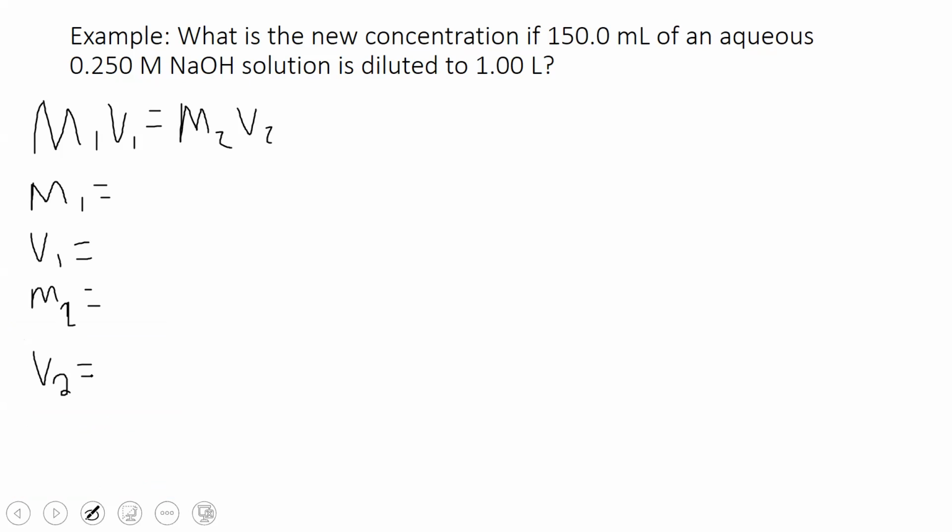So this asks, what is the new concentration if 150 milliliters of aqueous sodium hydroxide? Here we can say that M1 is 0.250 molar. The initial volume, V1, is 150.0 mL.